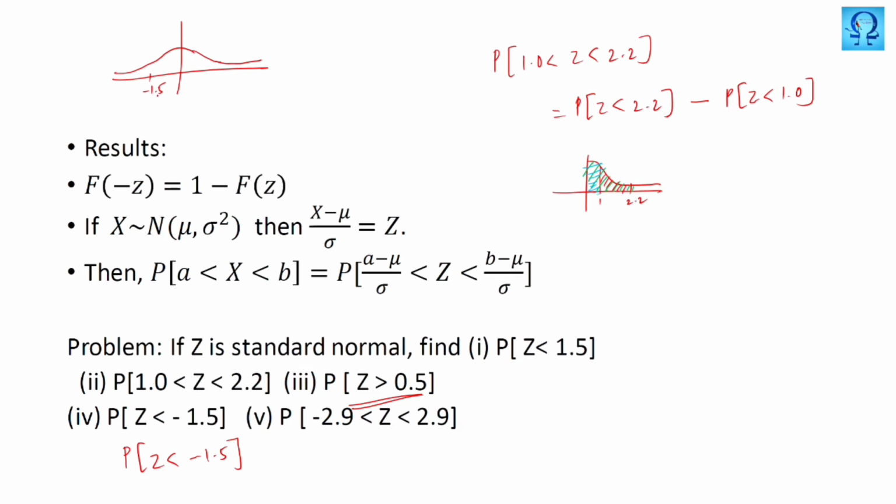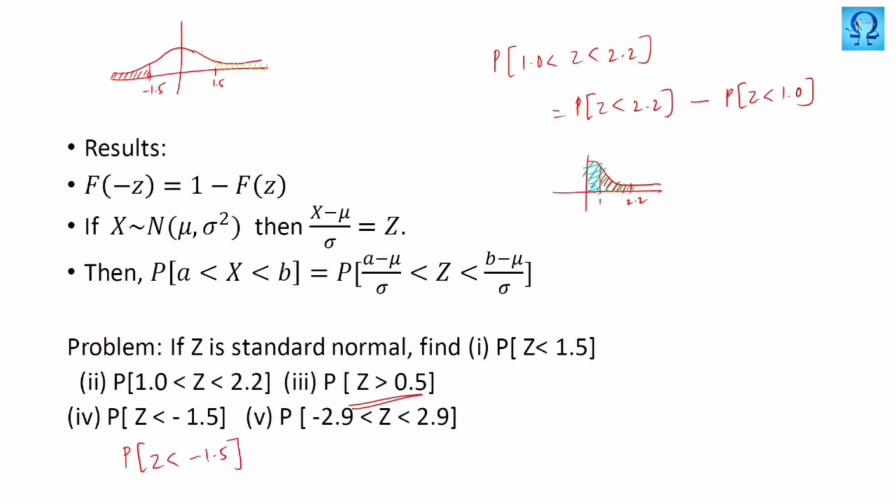So your minus 1.5 is somewhere here. This is the area that you are trying to look at, and here you will have 1.5 as well. So this green area and this red area are the same.